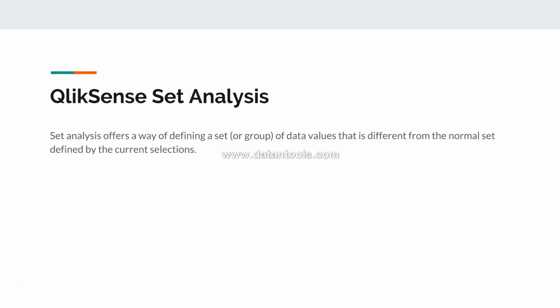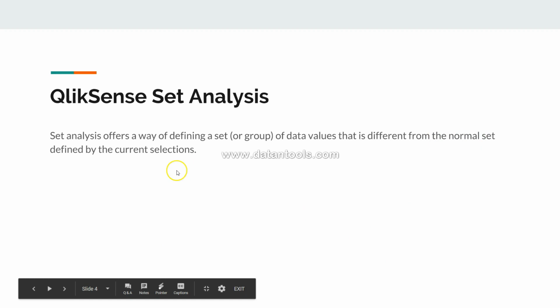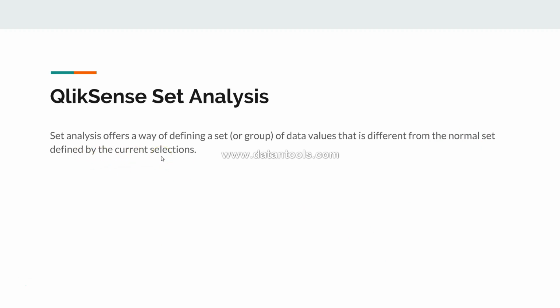Set analysis offers a way of defining a set or group of data values that is different from the normal set defined by the current selection. I know for a beginner this is confusing, so let's break it apart. First of all, the normal set defined by the current selection means your default state of the expression.